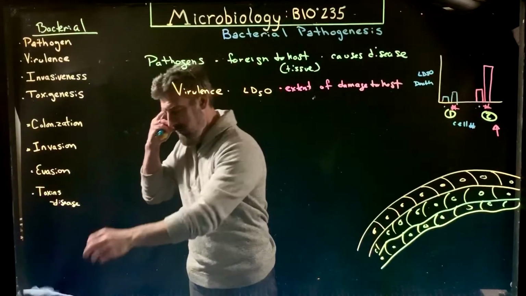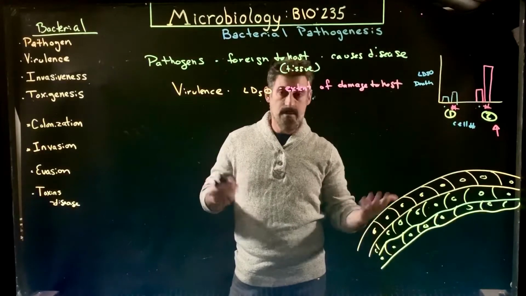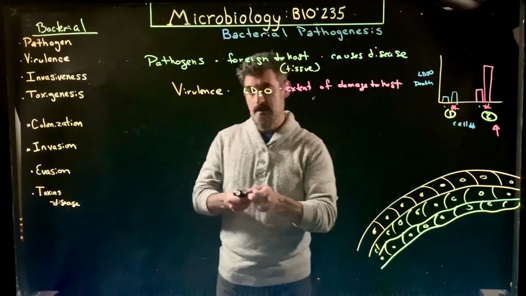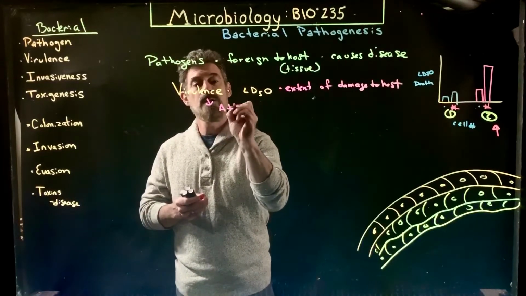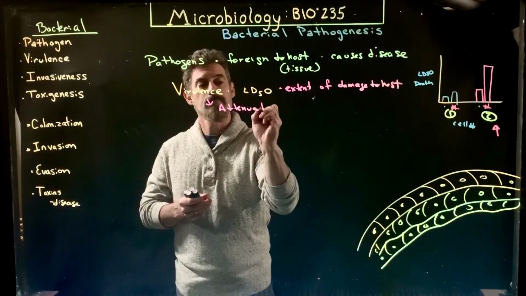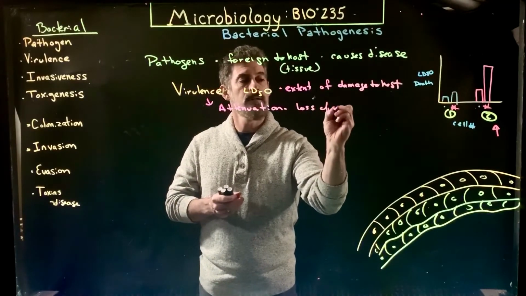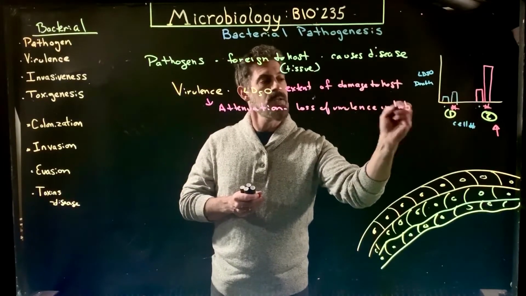And so there are things called virulence factors that make the organism more harmful or less harmful. There is also something, as far as terminology goes, I'll just bring it in right now, called attenuation, which is the loss of virulence in a lab setting.